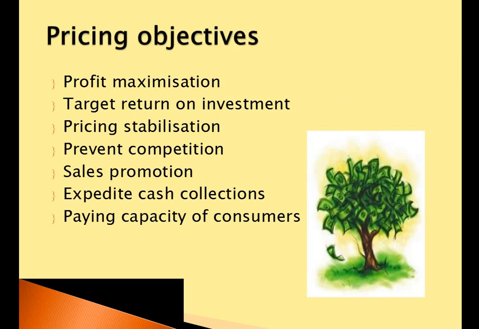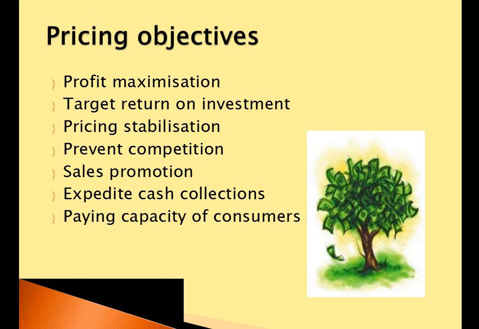In this manner, we will understand the pricing objectives first. For any pricing objective, the first and foremost thing is to make maximum profit out of a product or service being offered by the company.